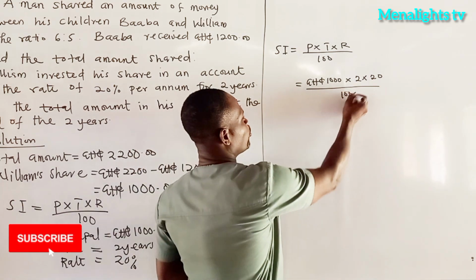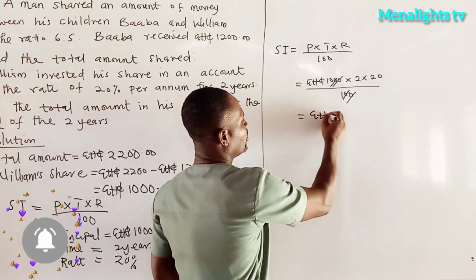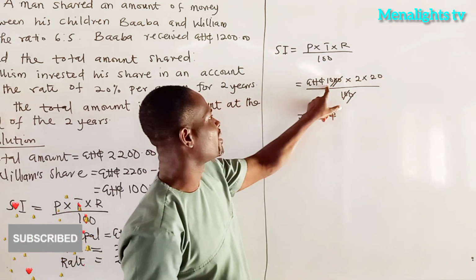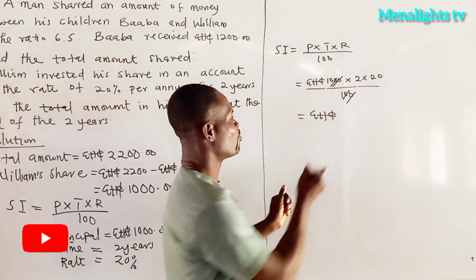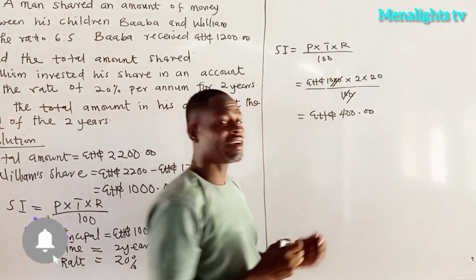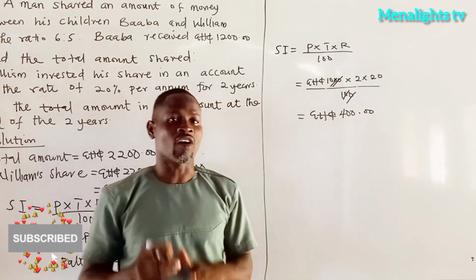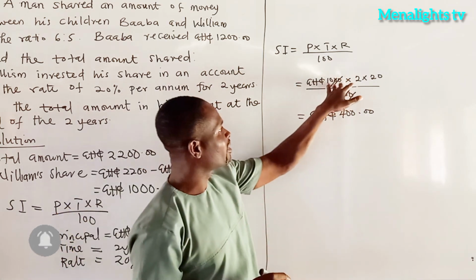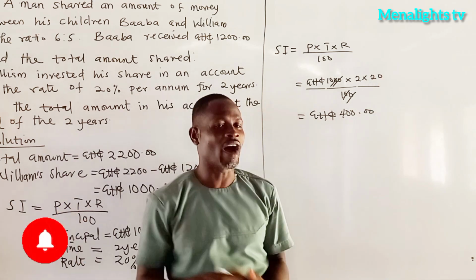So here, these 2 zeros can do away with the 2 zeros that we have here. Then we have 20 times 10 will give us 200, and 200 times 2 will give us 400 cedis. So this 400 cedis is the interest that William will get on the amount that he invests. So he invested 1,000 cedis and he's getting an interest of 400 cedis.